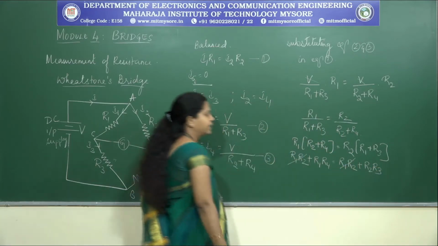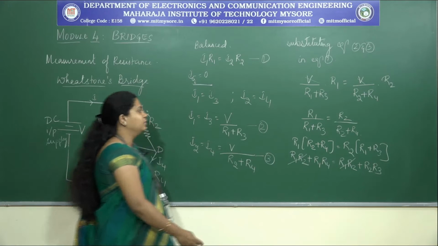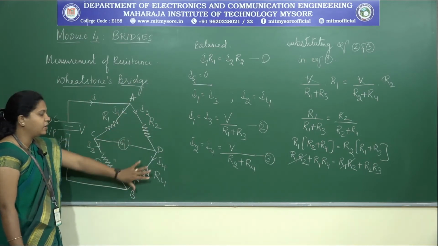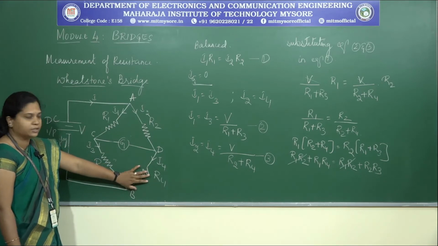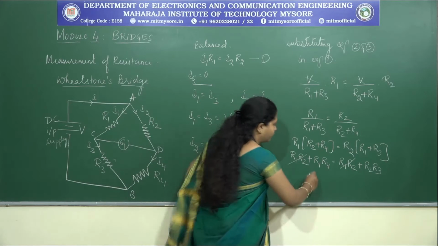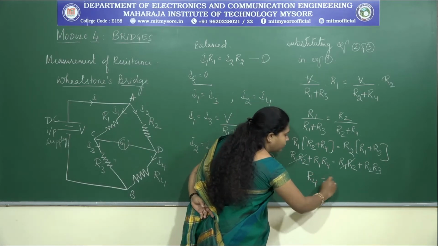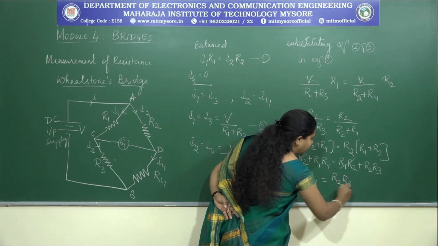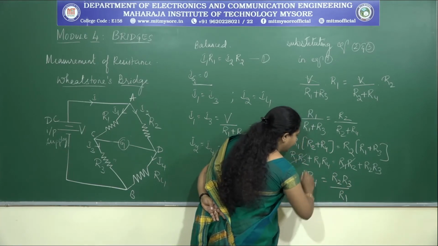R1 R2 will get cancelled. So, what is the unknown value here? These two are fixed, this is a variable, always the unknown will be this point. So, R4 you have to find out. See, where is R4? You have R4 here. So, for the unknown resistance, R4 is equal to R2 into R3 divided by R1.